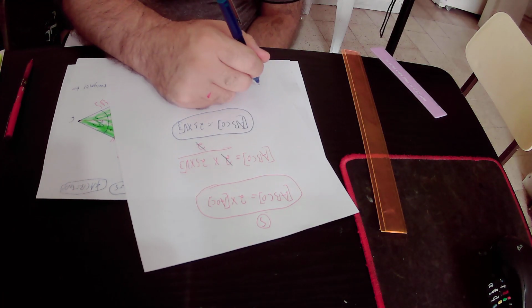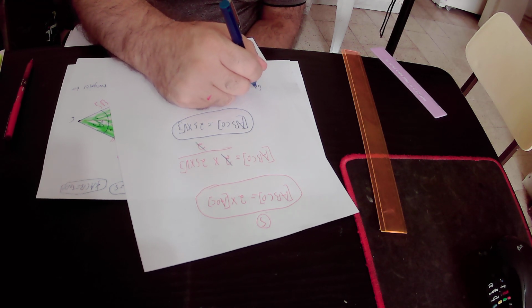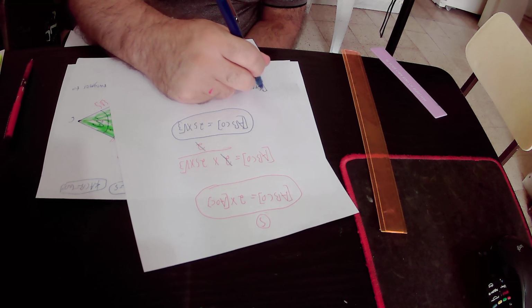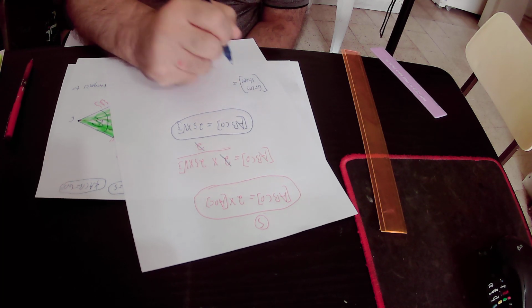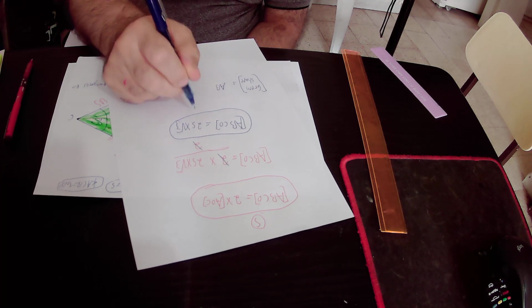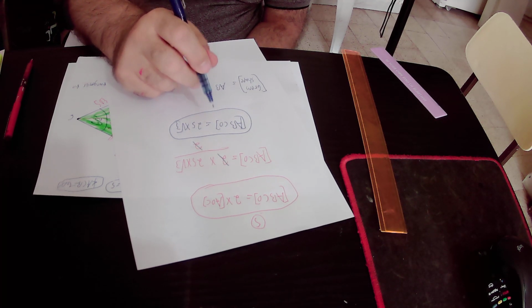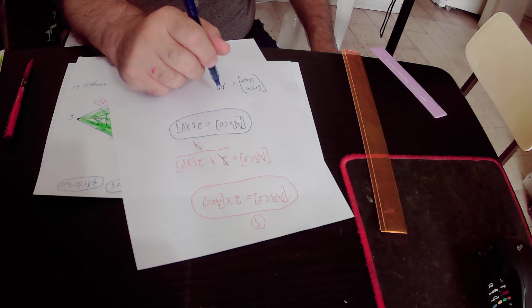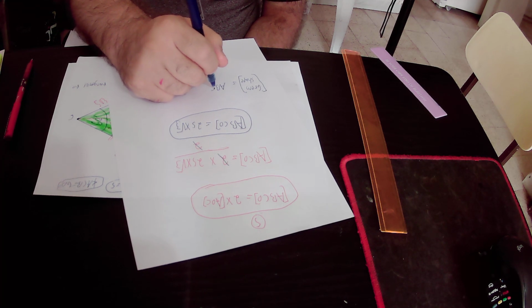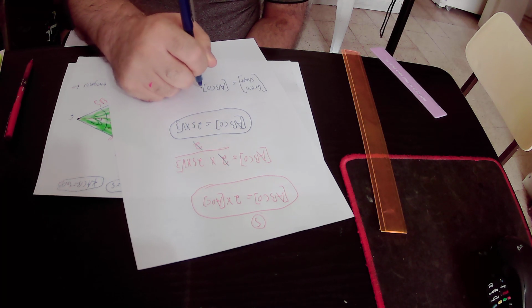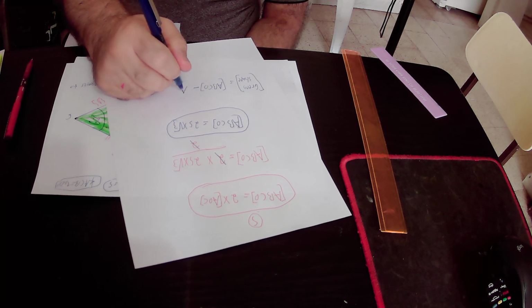The area of the green shape will be equal to the area of quadrilateral ABCO that we have already found, 25 times root 3 square units, minus the area of sector ABO.